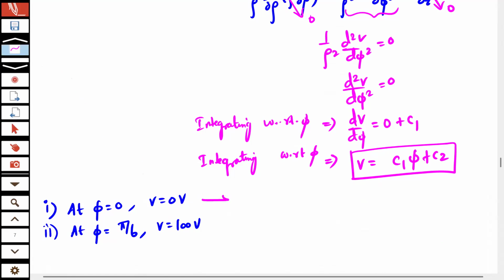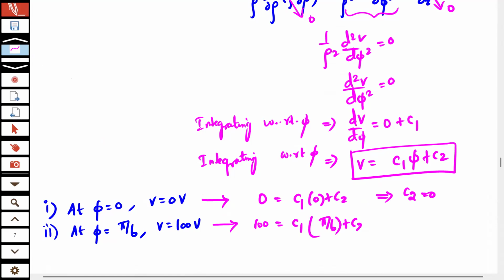So applying the first boundary condition, we will get 0 equals C1 into 0 plus C2. This provides C2 equals 0. Now if you apply the second boundary condition, 100 equals C1 into pi by 6 plus C2. C2 has already been made 0 because of the first boundary condition.